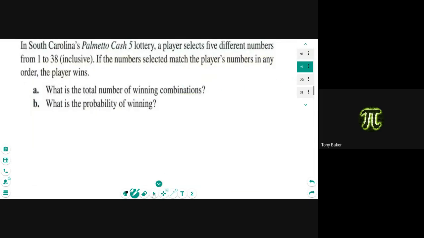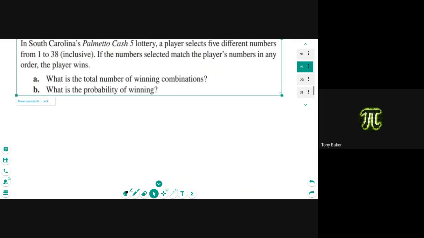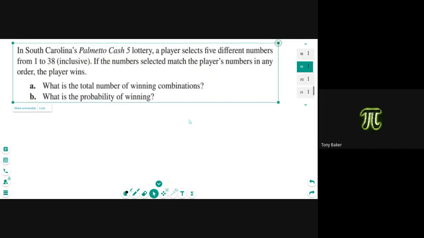All right, let's look at the lotto. Everybody hopes to win at some point. So we have the actual same Cash 5 lottery in Connecticut. I don't know how many numbers it's out of anymore. They keep changing it to make the odds harder. So you're selecting 5 numbers from 1 to 38. If you've ever seen the lottery drawn, it's literally a ball pit, and balls get pulled out of the pit.